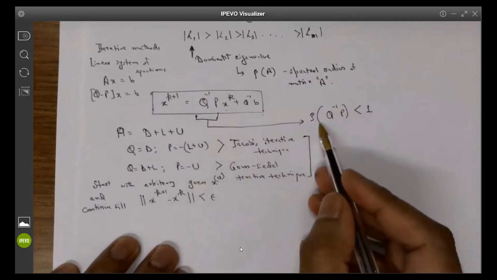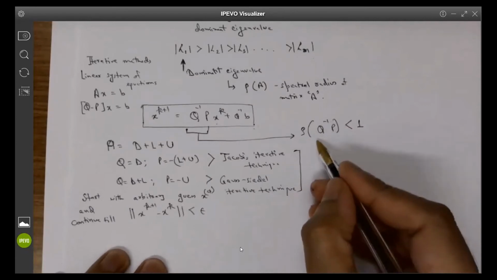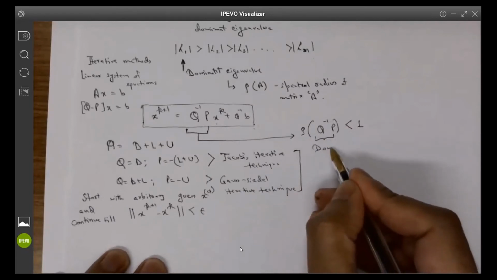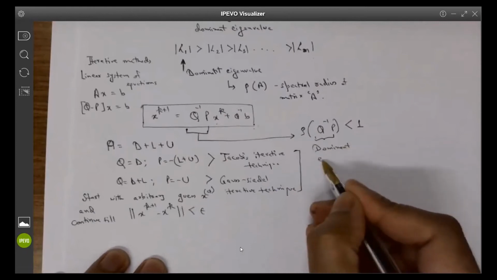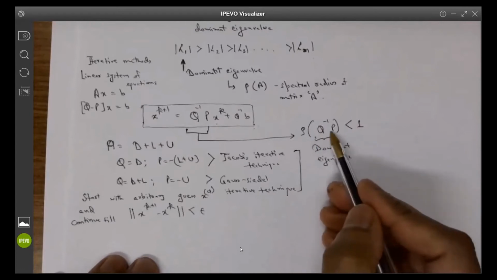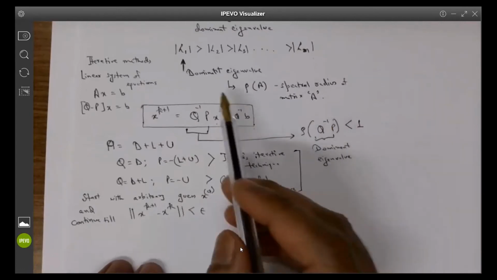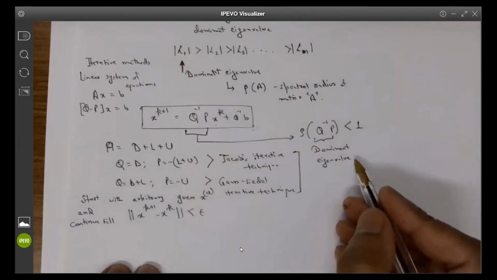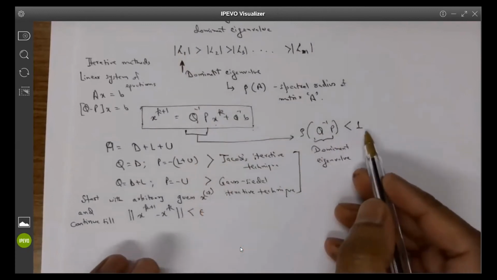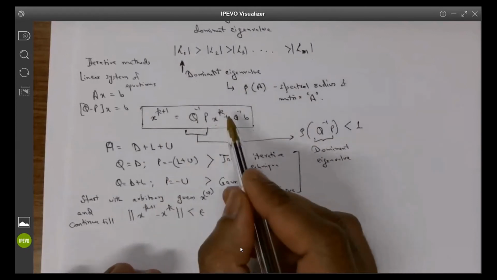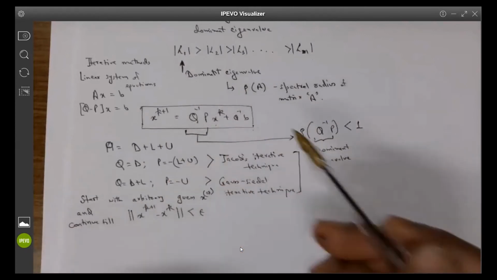The spectral radius basically means the dominant eigenvalue of this matrix system, the eigenvalue which is maximum in absolute terms. So if the dominant eigenvalue of this matrix is less than 1, then only can we guarantee that this iterative technique is going to converge.